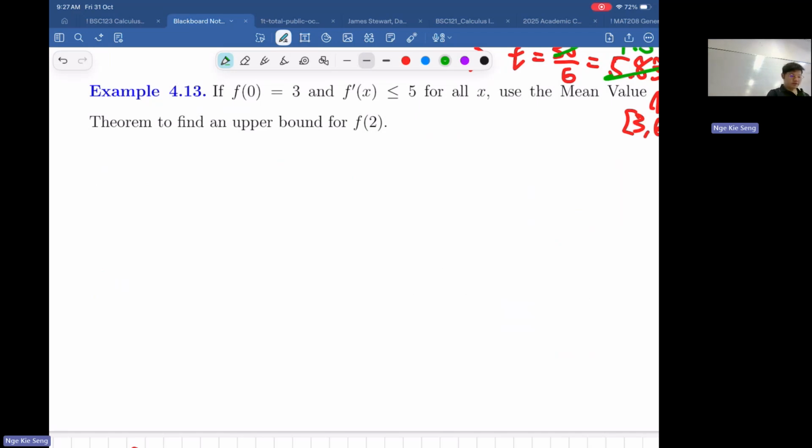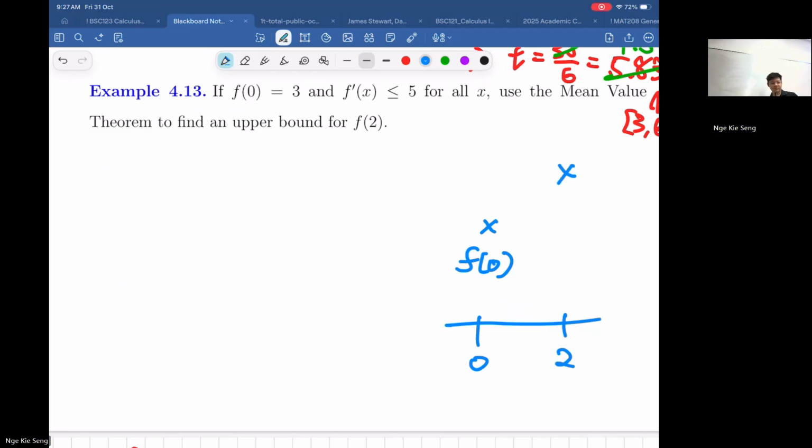So what's the picture you should have in your mind here? You have f of 0, maybe 0 here, and then somewhere 2. I don't know how to study this f of 2 here. But the point is that at every point f of x, the steepness cannot go greater than 5.